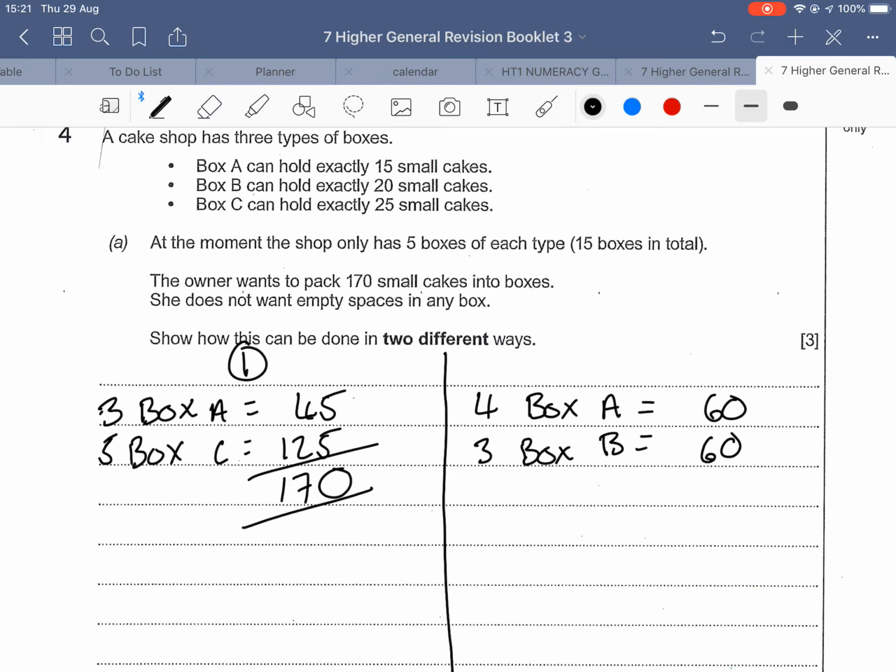Just need an extra 50, and luckily 25 and 25. So 2 boxes of C. I'd probably do this with a pencil if I was doing it, which is 170. Okay.